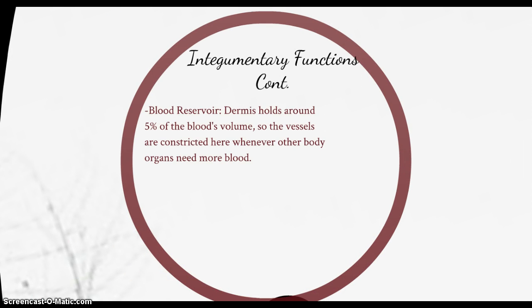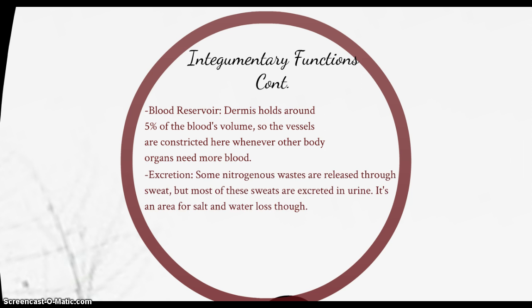So let's talk about some more functions. The integumentary system is also a blood reservoir. The dermis holds around 5% of the blood's volume. Whenever other organs need that blood, the vessels in the dermis are constricted, and the blood is directed to those organs rather than the dermis. And then finally, excretion.